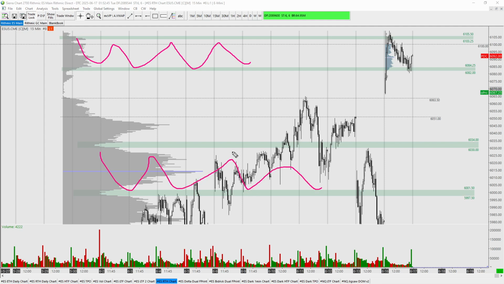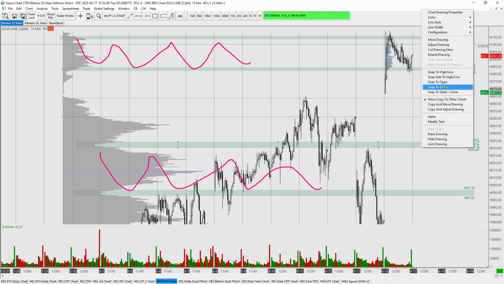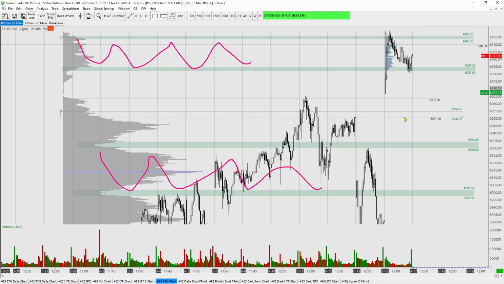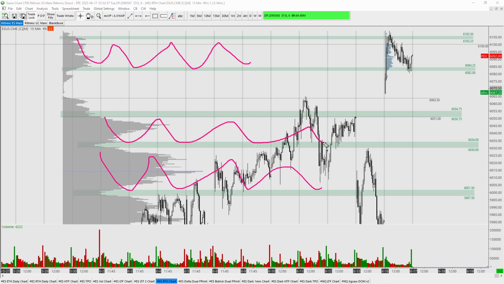This is a rotational zone. This is a rotational zone with the potential of going to that and being the rotational zone because I think that is where we're going to fill in.